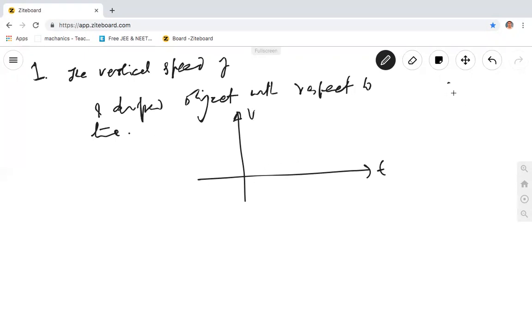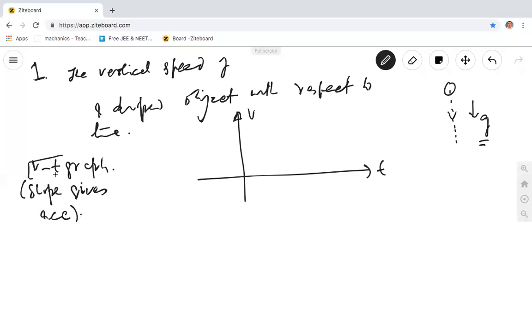Yes. It's a particle being dropped like this, right? Yes. And acceleration due to gravity is downwards, right? Yes. Velocity time graph slope gives acceleration. Yes.